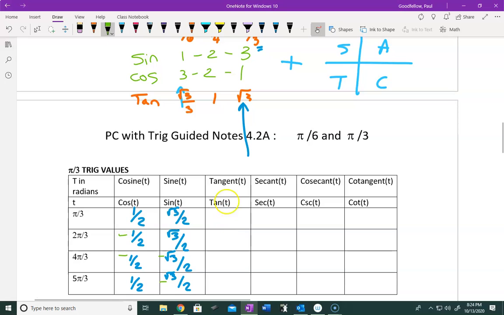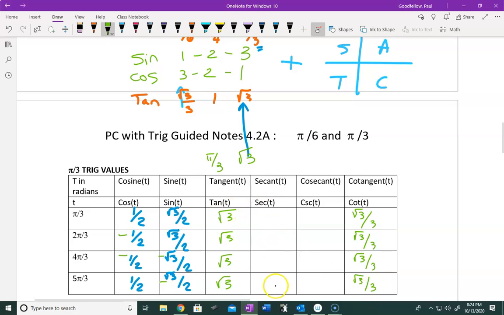Tangent, on the other hand, would now be in this column, which is going to be pi over 3. So its answer is root 3. Remember how the other one was added to 6 and it made 6? This one is 3. So these are all root 3's, which probably means that all the cotangents are root 3 over 3's because they're completely the opposite.